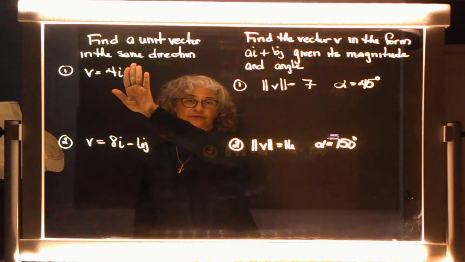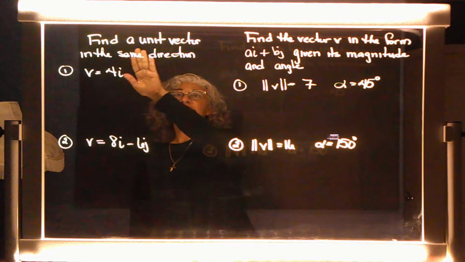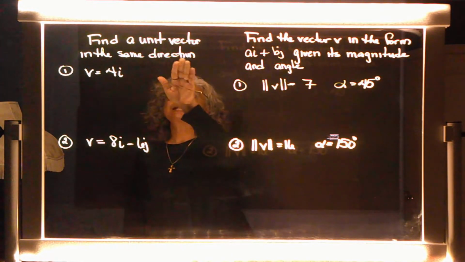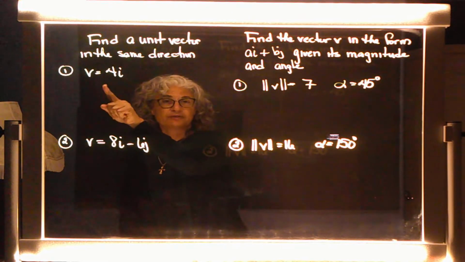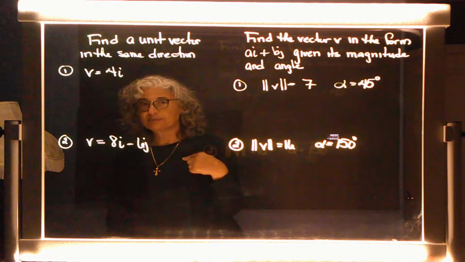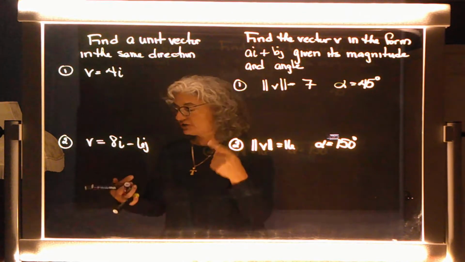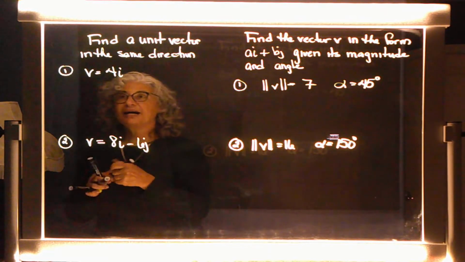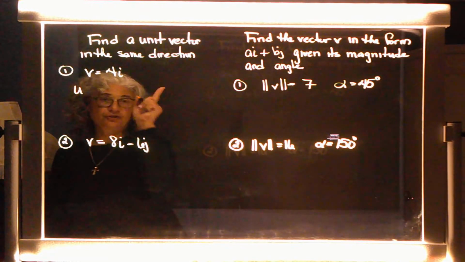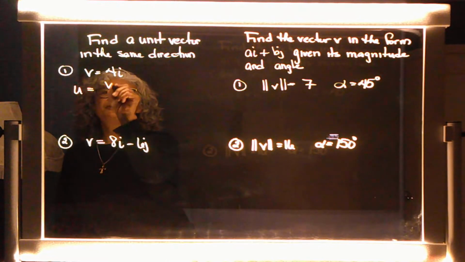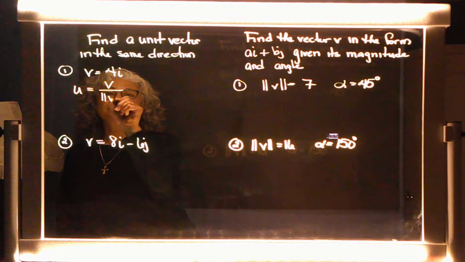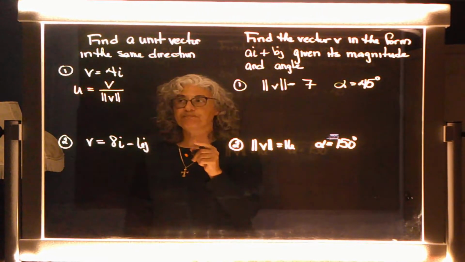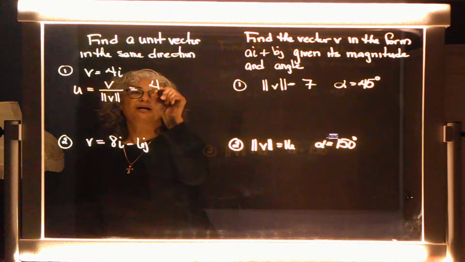Let's look at this set of directions over here. It says find a unit vector in the same direction. So they gave me vector v, and from just a few minutes ago, to find the unit vector, I need to use the vector divided by its magnitude. Agreed? Well, the vector here is 4i.